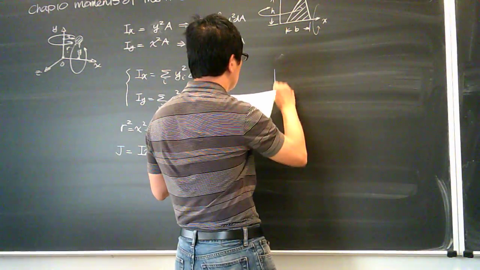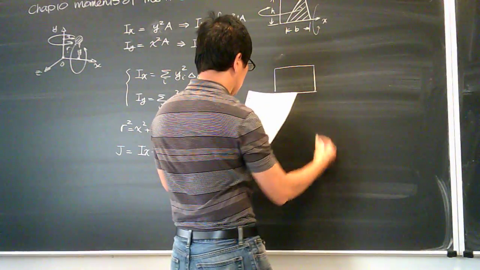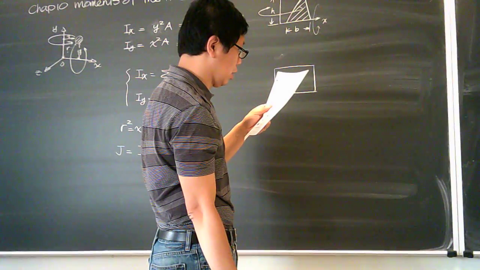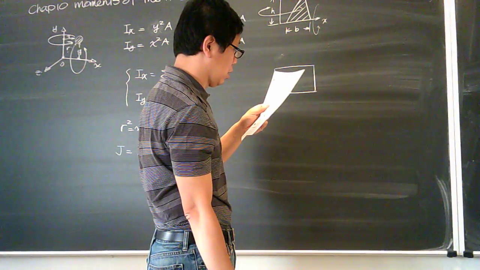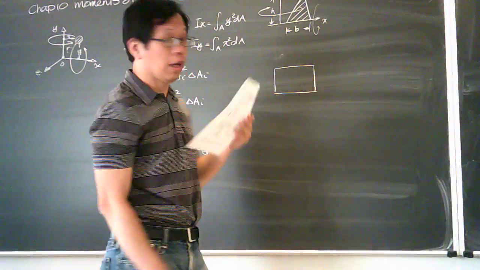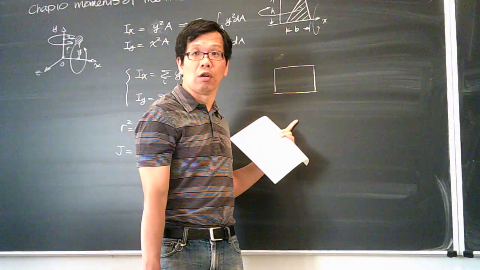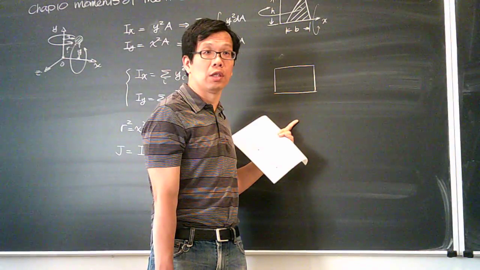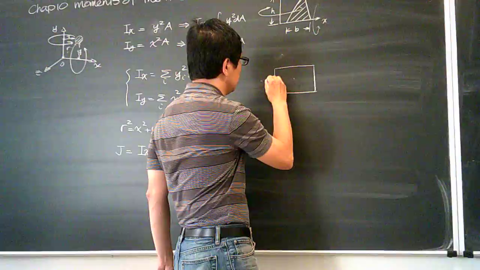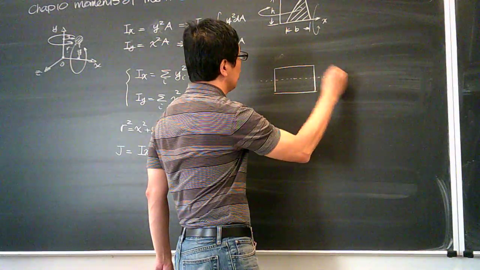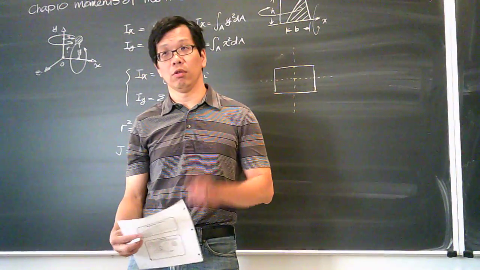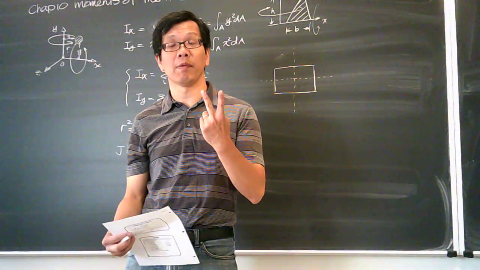Let's say I have a triangle over here. Everybody knows where G, the center of gravity, is located, right? It's going to be in the middle. Okay. So when you have a table like this, normally it will give you two types of moments of inertia.